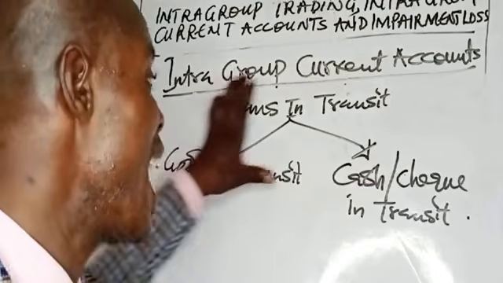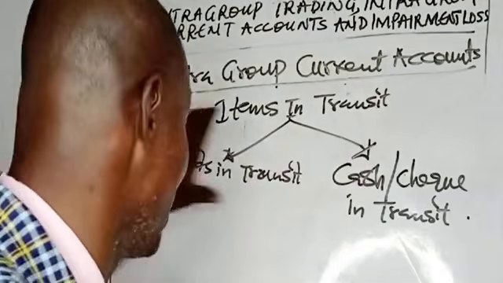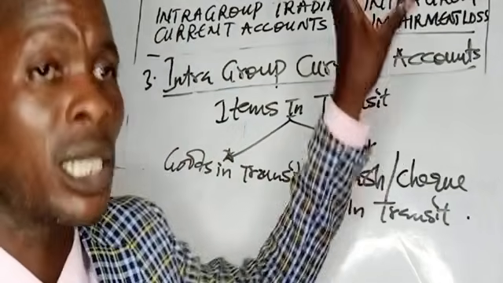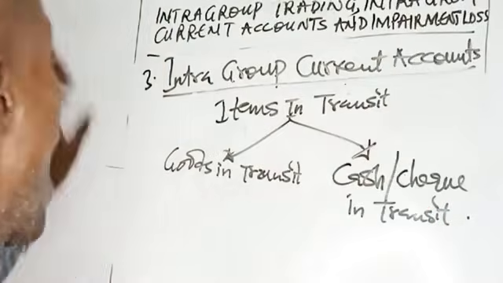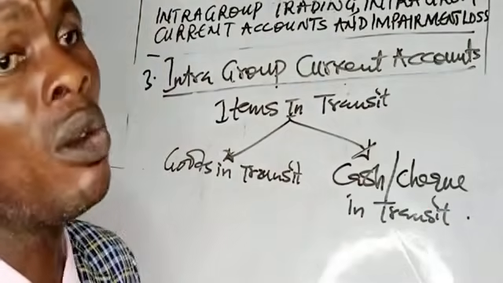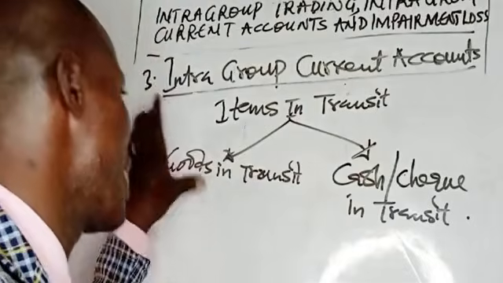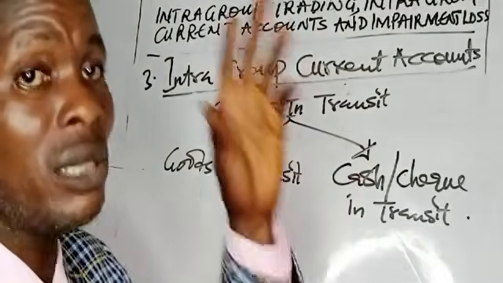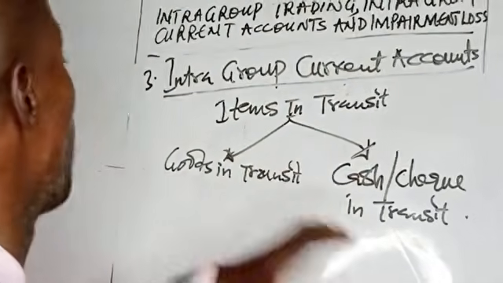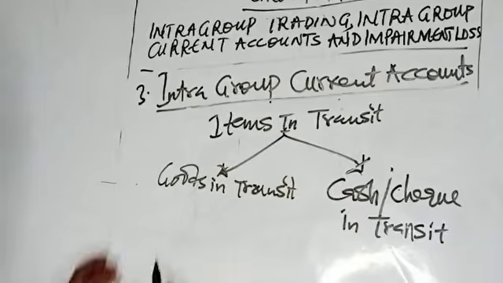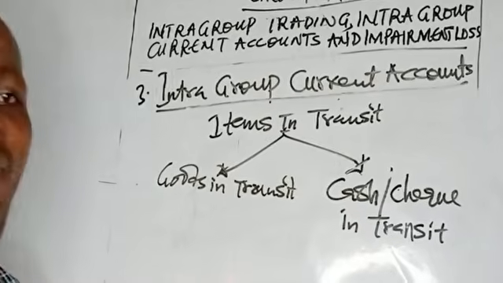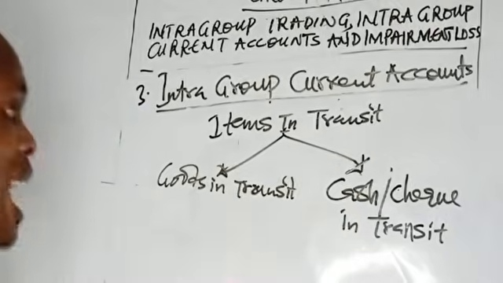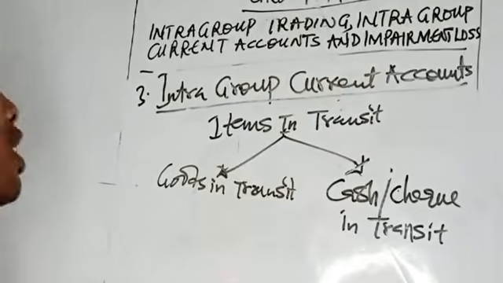I've told you that the items in transit might be goods in transit or cash in transit. I've also told you that whether the current accounts agree or not, the intragroup current accounts should be eliminated.